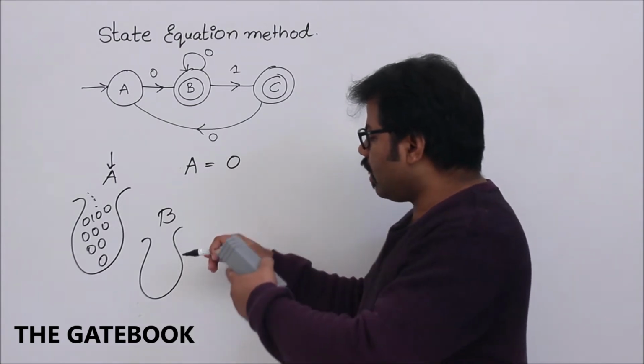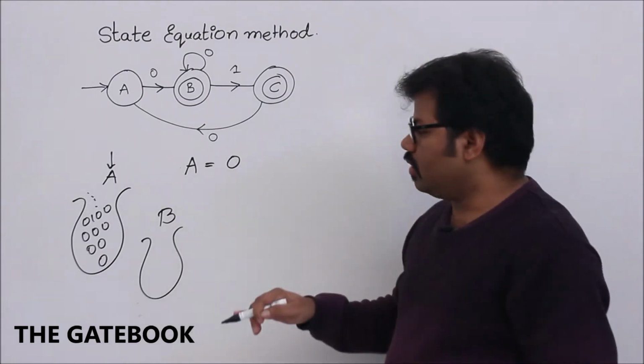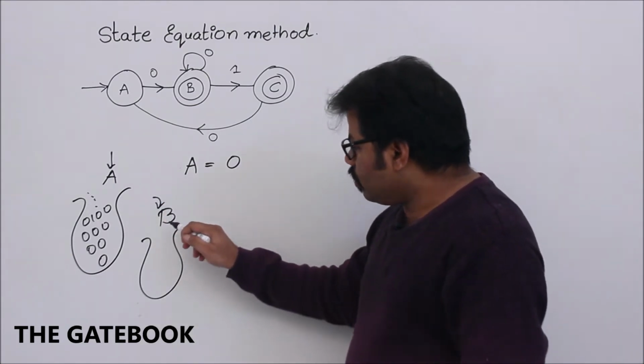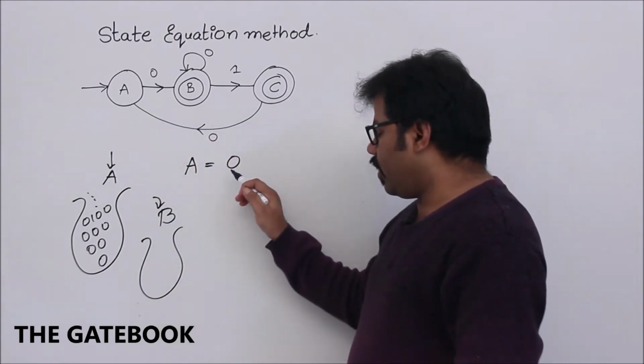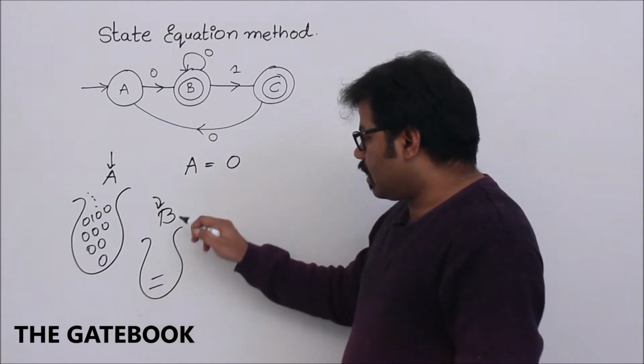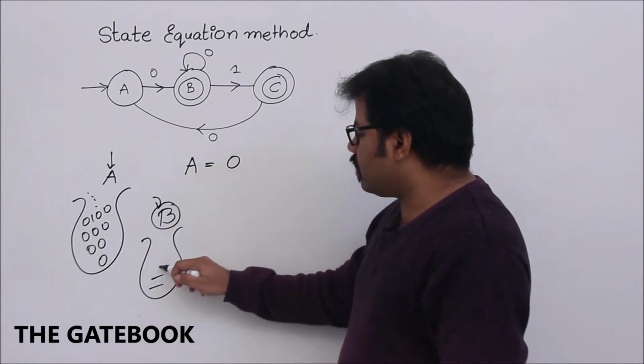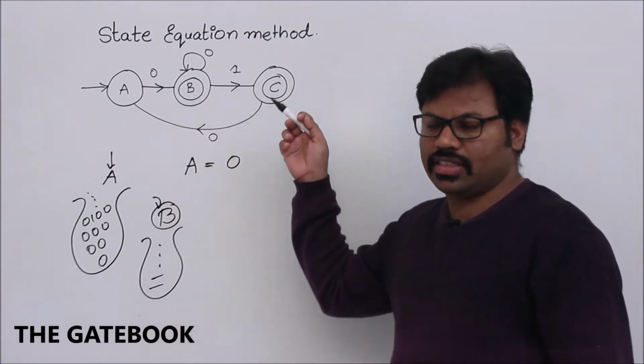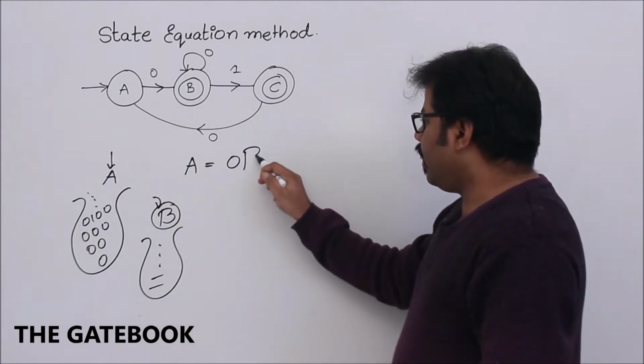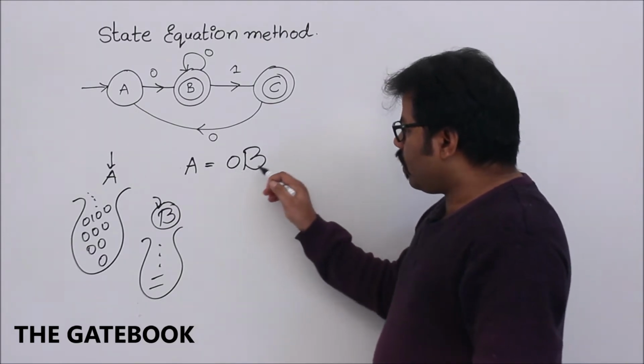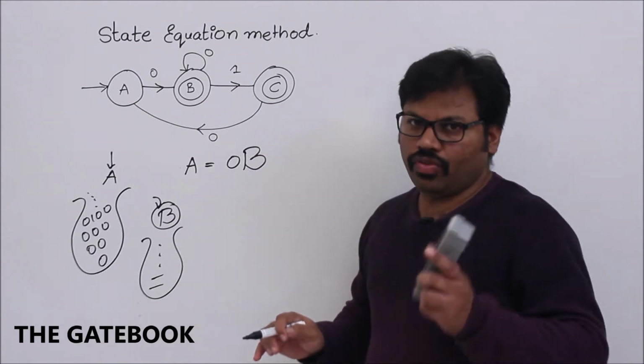Tell me the strings on which I will go to a final state. According to the definition, since I start at B after taking 0, this B represents the collection of such strings which eventually lead us to a final state. Because of that, I concatenate 0 with all such strings, and then definitely I will go to final.